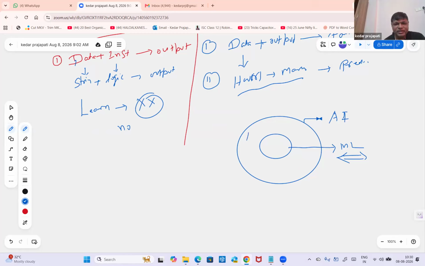AI is this canvas, the entire thing, and machine learning is a subset. And using machine learning, you will make an AI system intelligent. So you can also say machine learning is a way by which an AI learns. AI can be anything else. AI can be your robot. AI can be your program.